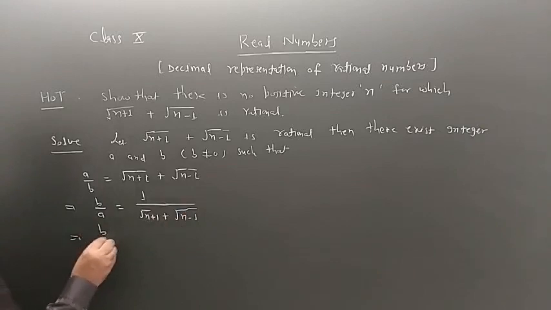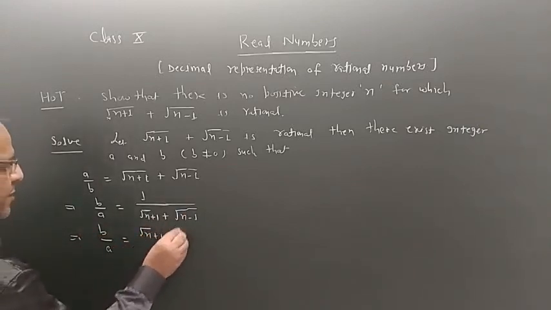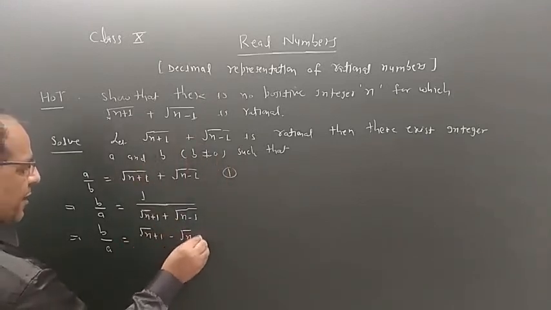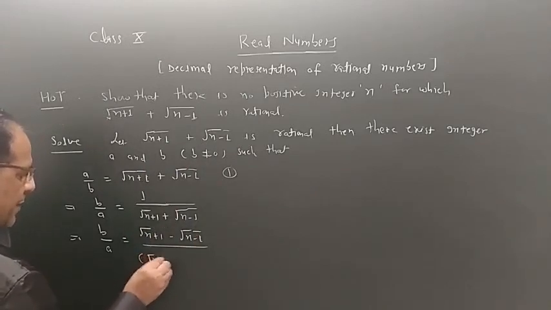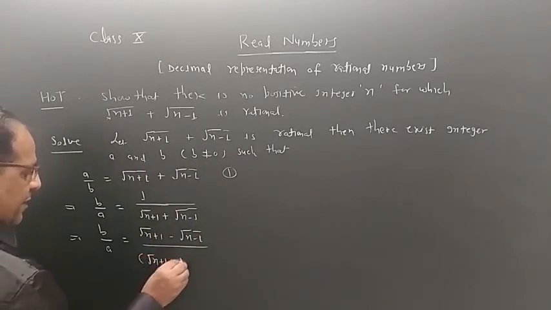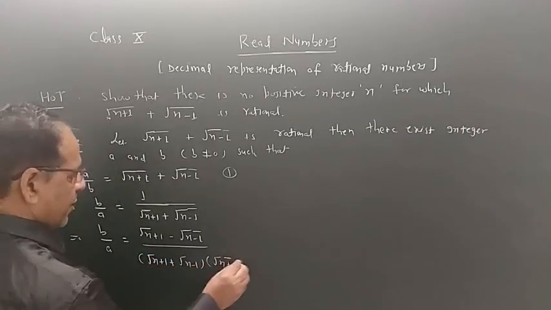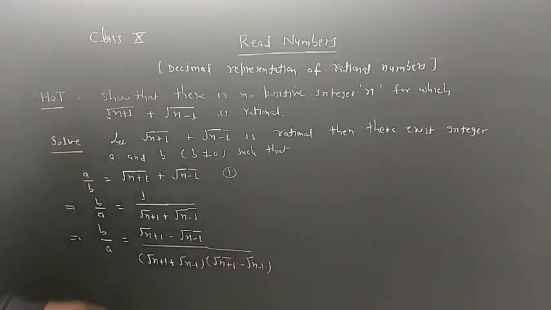Rationalize: b upon a equals (under root n plus 1 minus under root n minus 1) upon (under root n plus 1 plus under root n minus 1) into (under root n plus 1 minus under root n minus 1), due to rationalization.